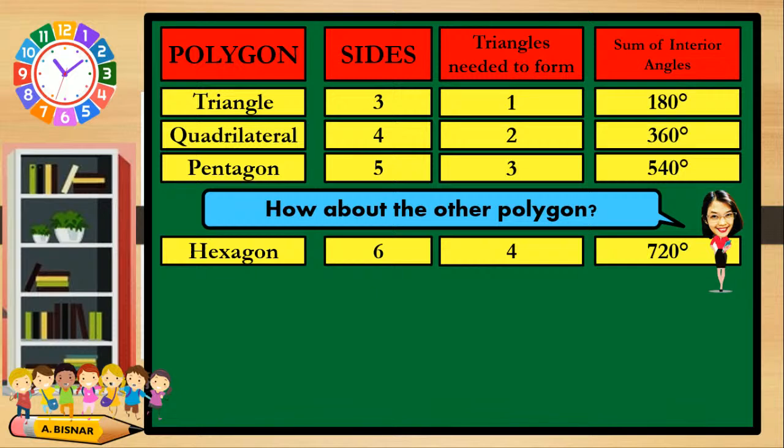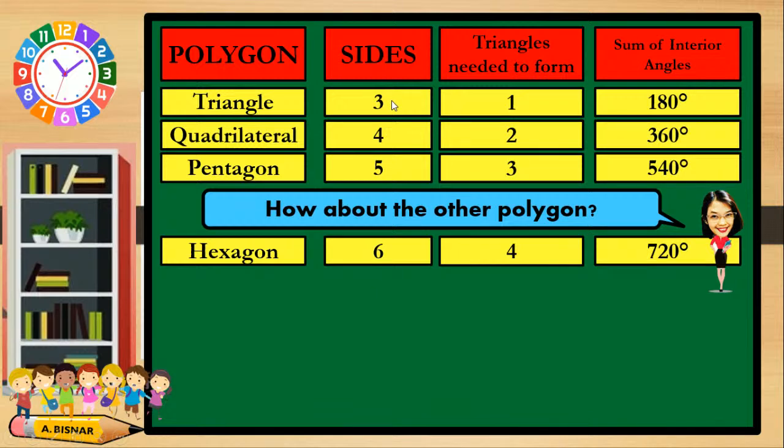So, may nakikita ba kayong pattern? Can you see some patterns? From the given sides, paano makukuha yung number of triangles? Again, from the given sides, paano nakukuha yung number of triangles? Tingnan.